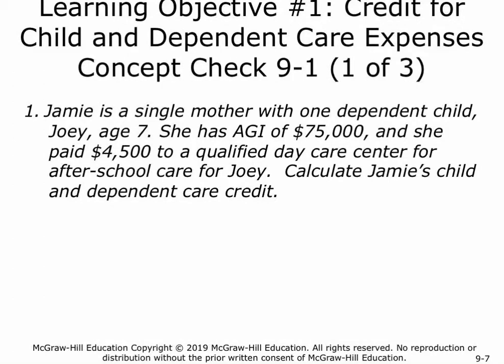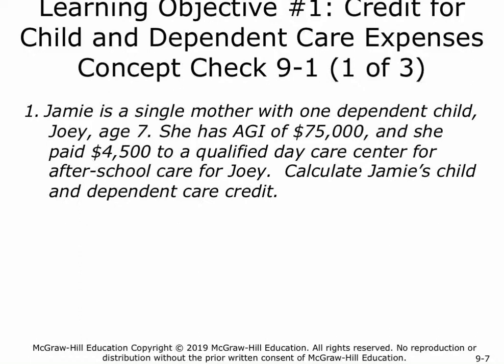So looking at our first concept check here, it says Jamie is a single mother with one dependent child, Joey, who is age 7. She has an adjusted gross income of $75,000, and she paid $4,500 to a qualified daycare center for after-school care for Joey. Calculate Jamie's child and dependent care credit.